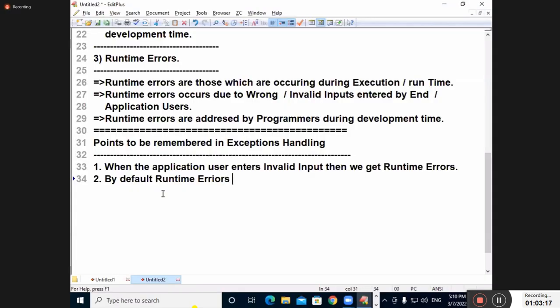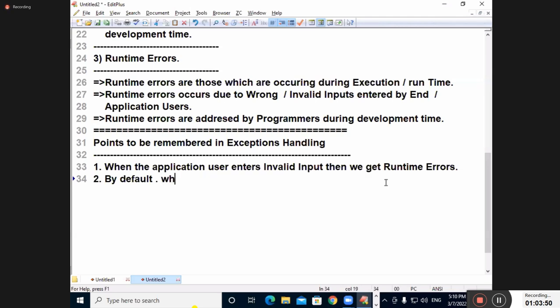give which type of messages? Very good, students. Technical error messages. By default, runtime errors give technical error messages, right?